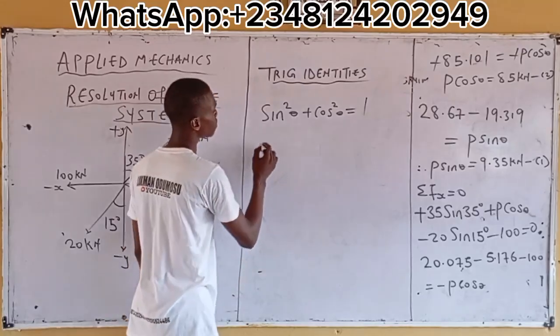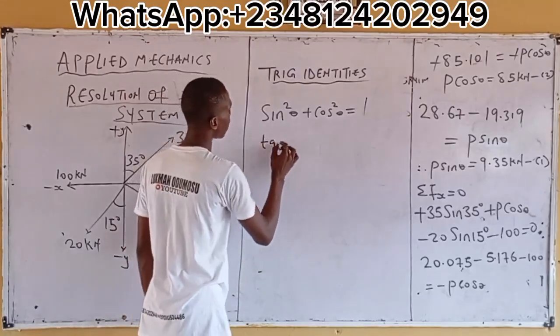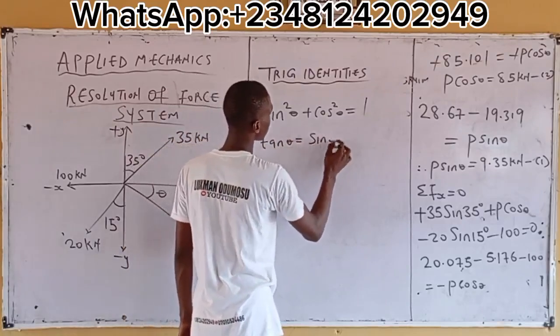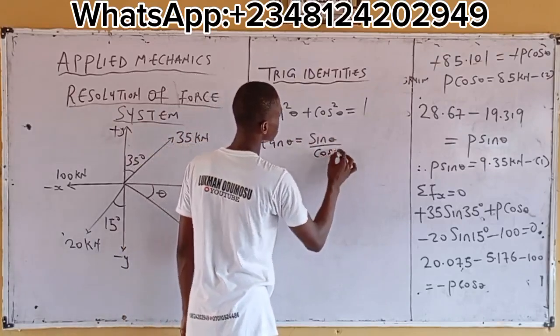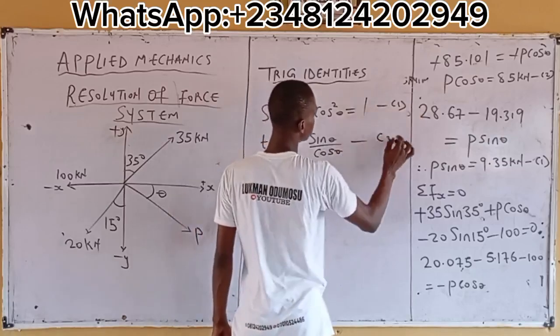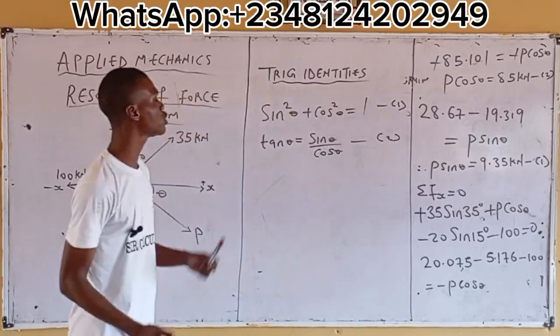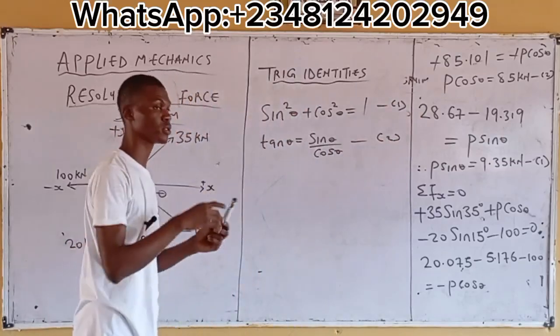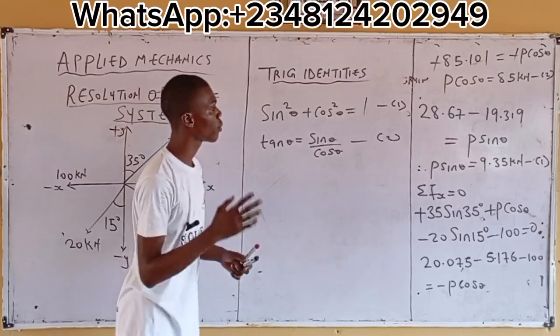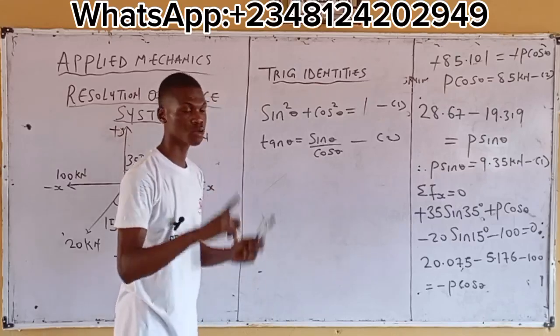Then we also have tan theta is equal to what? Sin theta over cos theta. Call this 1, call this 2.